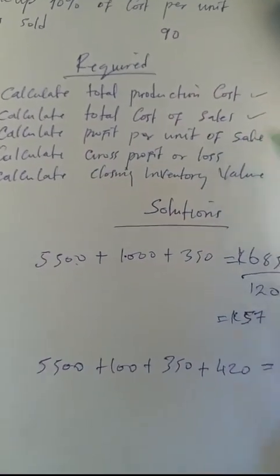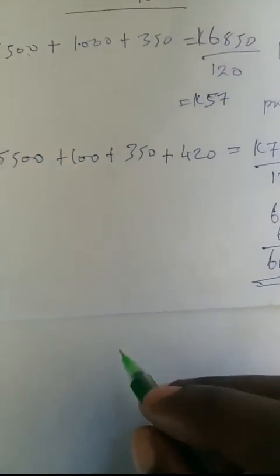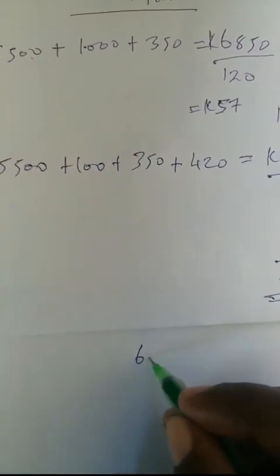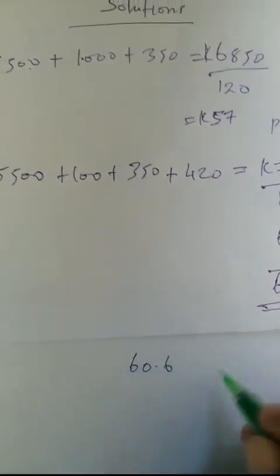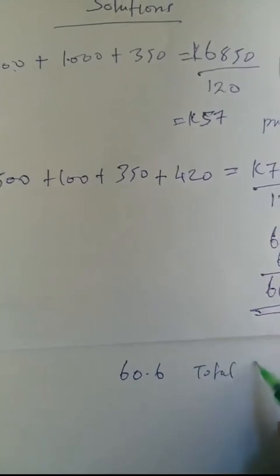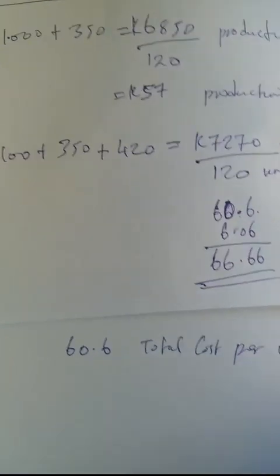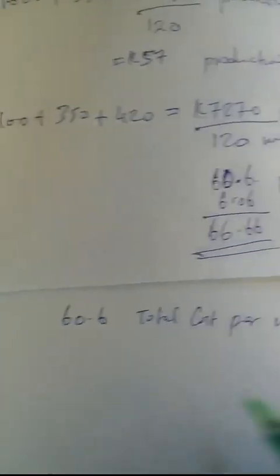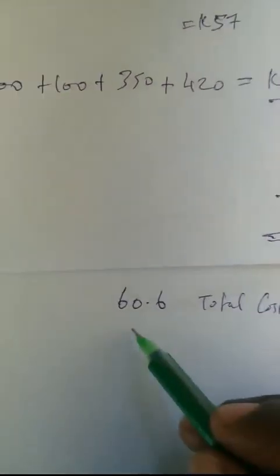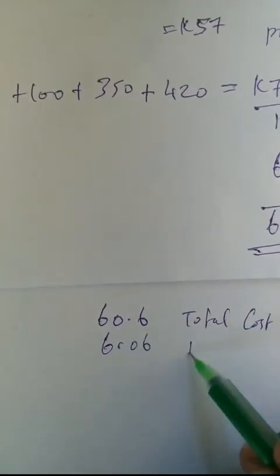Per unit of sale. We found that our total cost of sale per unit is 60.6. And then we said our markup is 6.06.